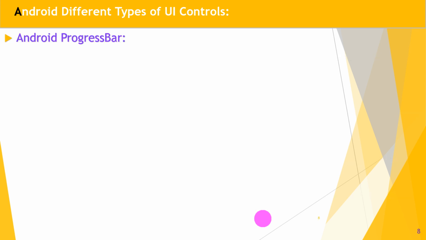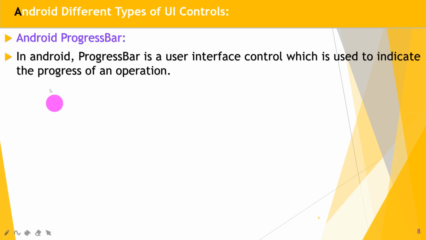Great. So the next Android UI control is Android Progressbar. In Android, Progressbar is a user interface control which is used to indicate the progress of an operation. Lots of times we know the Progressbar control and use it in our different projects also. Then Android Spinner.